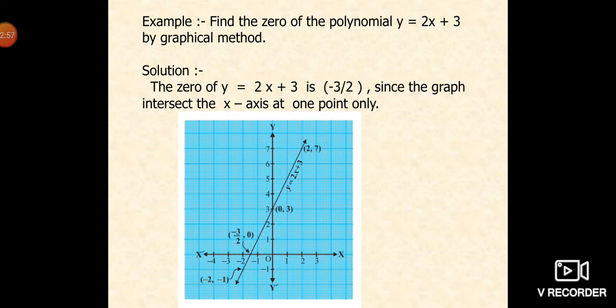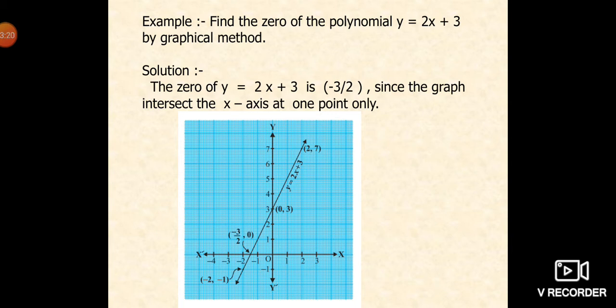For example, find the zero of the polynomial y = 2x + 3 by the graphical method. Graphical method means surely a graph should be there. So we have to find x values and y values, then draw the graph by plotting the points, and we get a straight line.